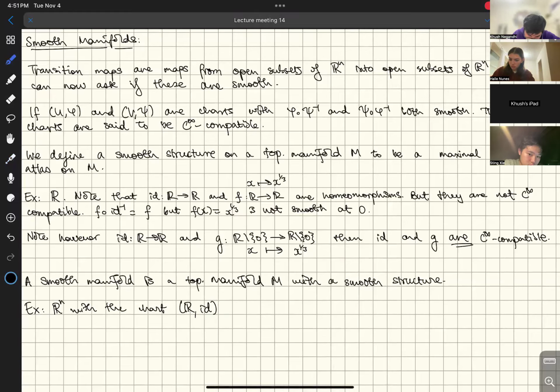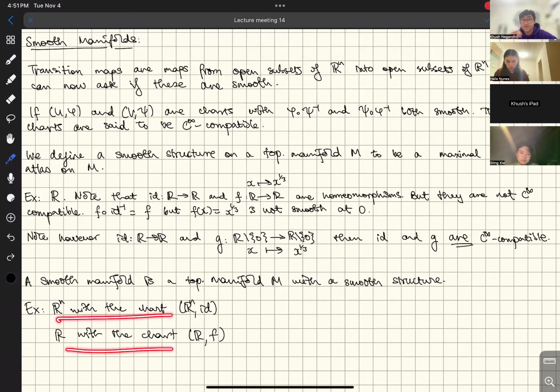Another example is R with the chart g. This gives you another smooth structure. And this smooth structure and this smooth structure are not the same, because if they were the same, then every map would be C infinity compatible, right?